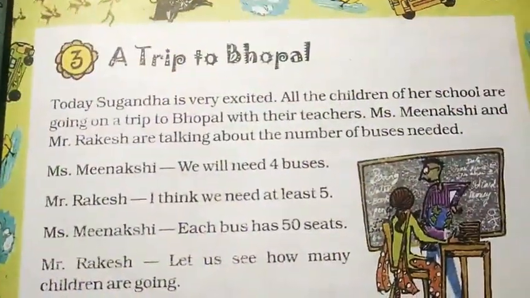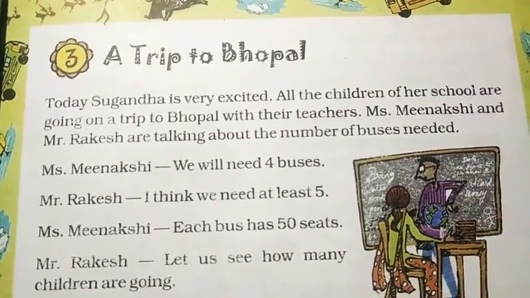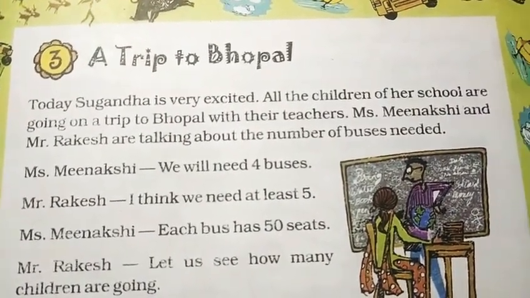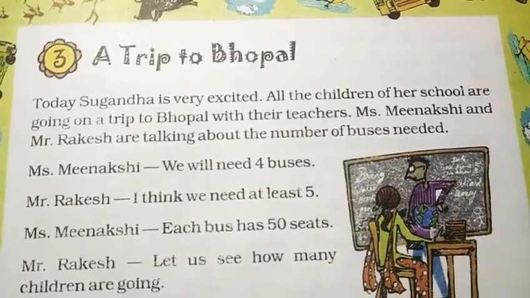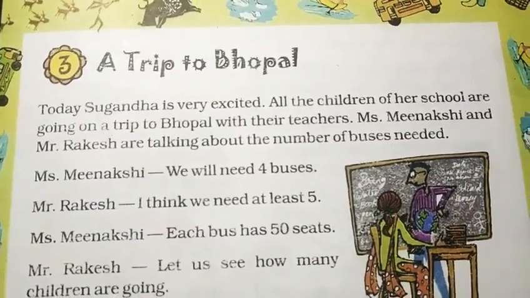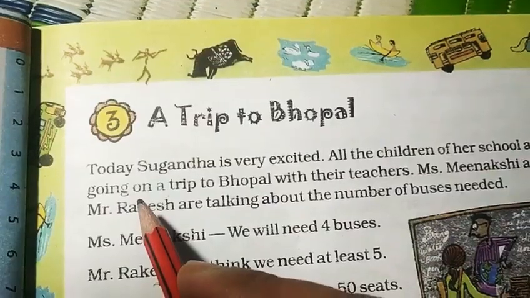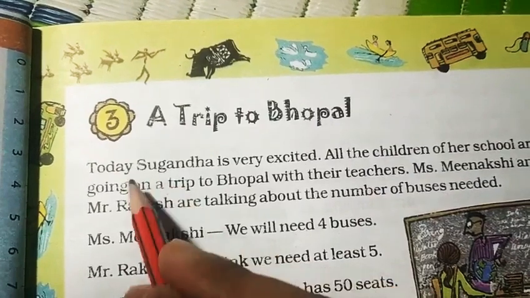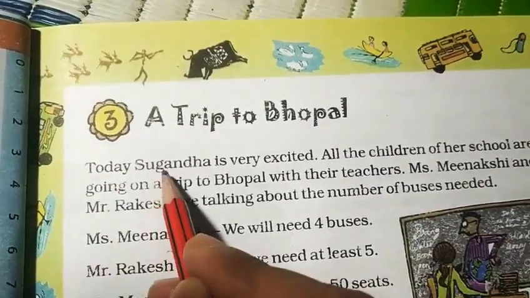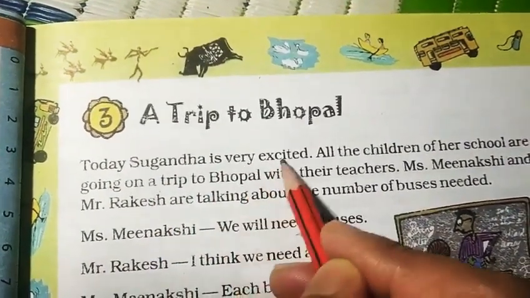Here you can see the page number 23 of your book, and in this video we learn about our new chapter, a trip to Bhopal. So let's start the video. Today Sugandha is very excited.